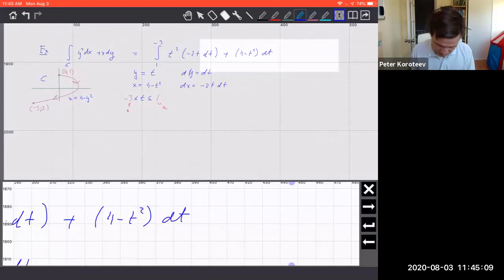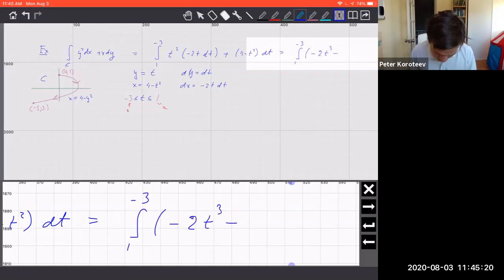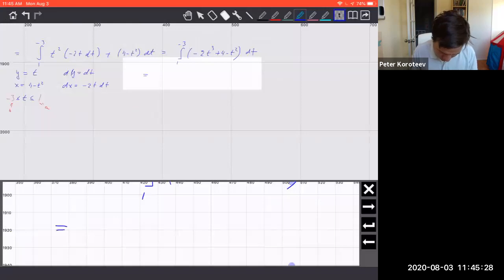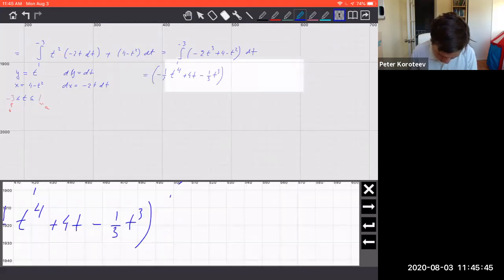So that's the integral from 1 to -3 of -2t cubed plus 4 minus t squared dt. And that gives us -1/2 t to the 4th plus 4t minus 1/3 t cubed from 1 to -3.